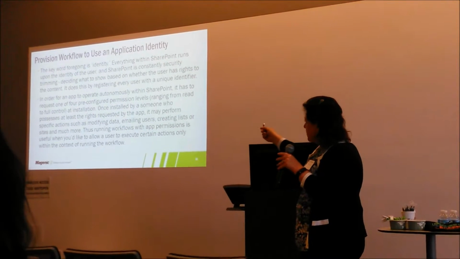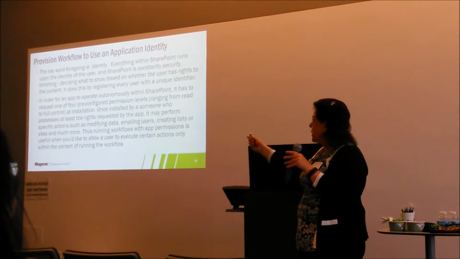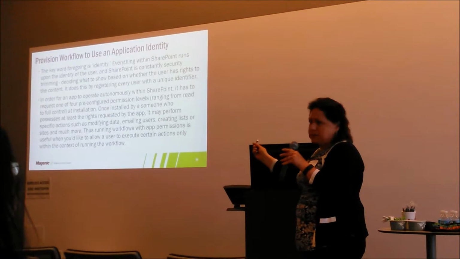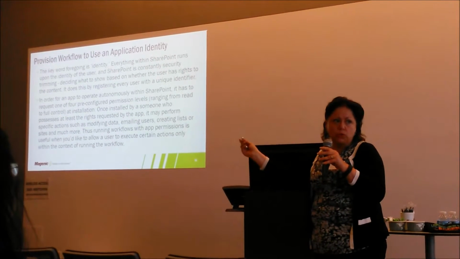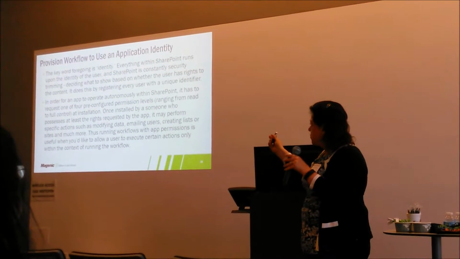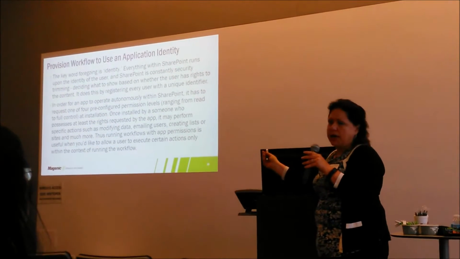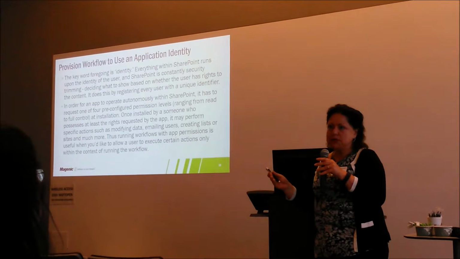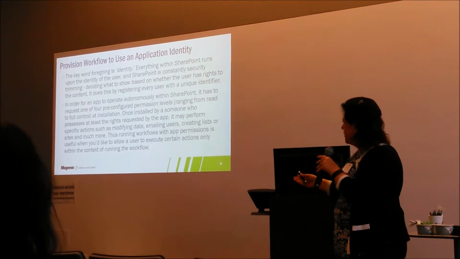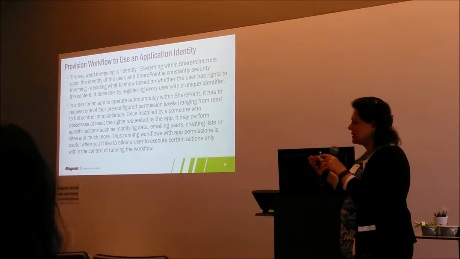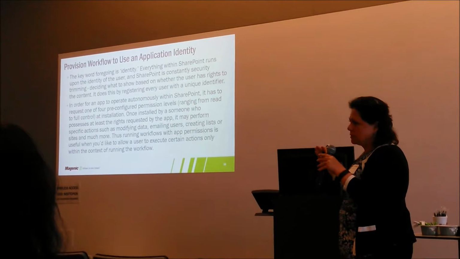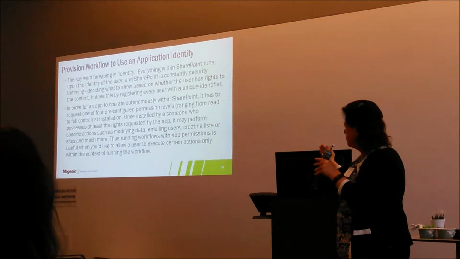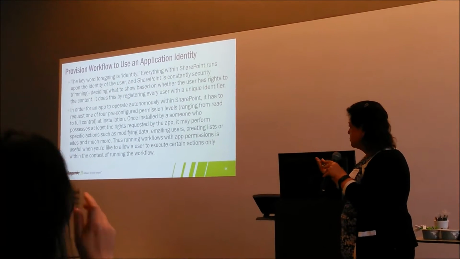And in order for an app to operate autonomously within SharePoint, it has to request in the app manifest when you create an app, one of 4 pre-configured permission levels. And the levels are very adequate. They range from just read to full control. And they're meant to mirror the basic levels such as read, contributor, management and full control that you would have for a user.